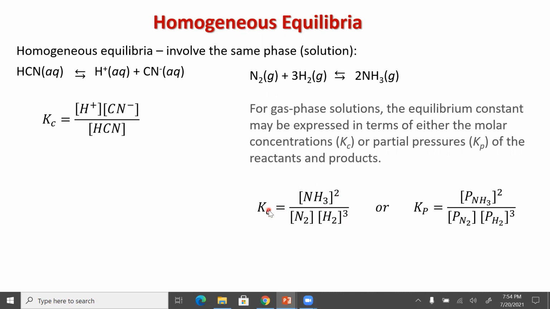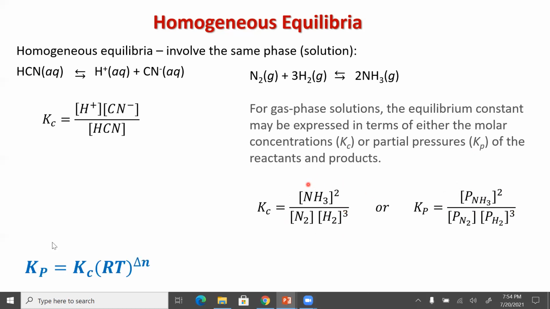That's what the C is for. Or we could write it in terms of their partial pressures. Now notice it's still products over reactants, and they're raised to the power of the coefficient in the balanced equation. The only difference is these are partial pressures and these are concentrations.